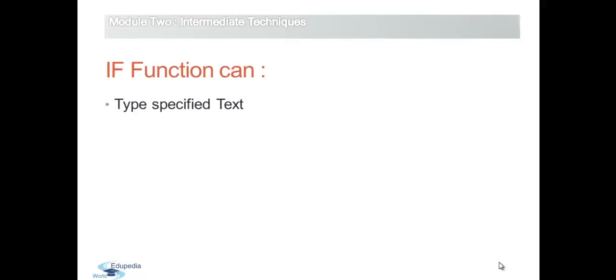Do you remember that if can take the decision of typing a specified text as we have learned in the previous example, when typing good, excellent, very good, failed, passed? Now I'm going to study with you another example in which Excel can do a specified calculation.